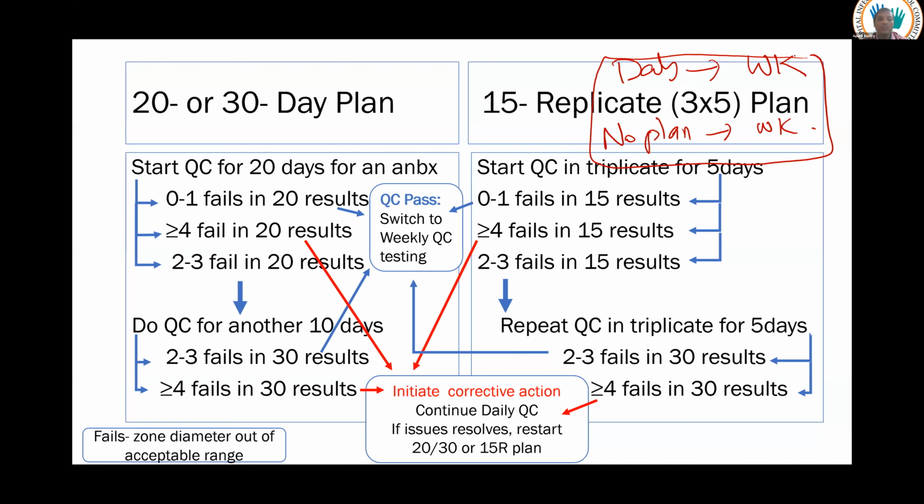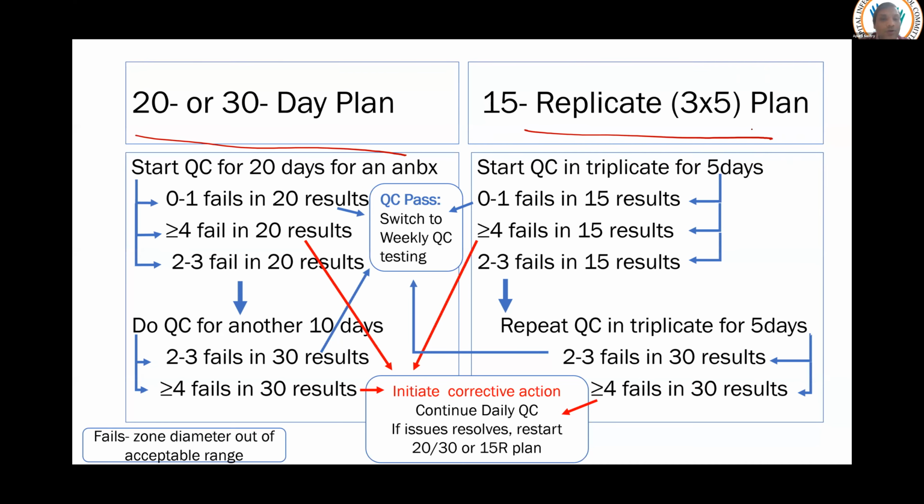I repeat, suppose your lab is not doing any QC now. After this class you got inspired and you will go back and start QC. So from no plan you want to start a weekly plan. Again at that time also you have to follow the same, either this plan or this plan, and then only you can start the weekly plan. Till the weekly plan is started, you have to continue the daily QC plan.